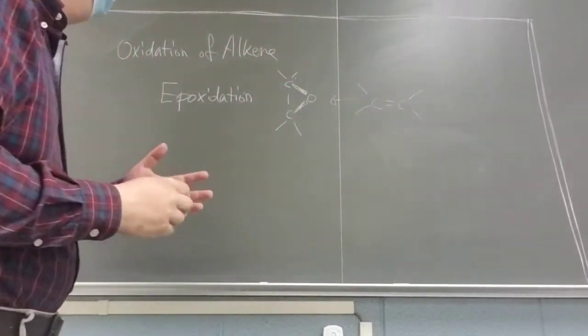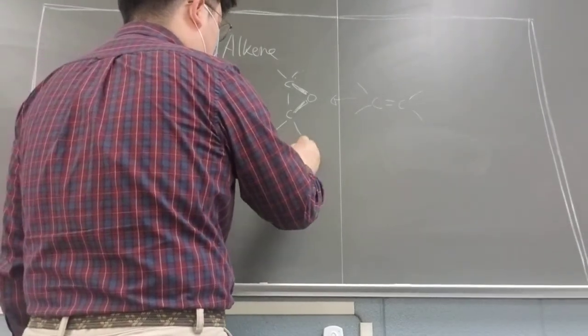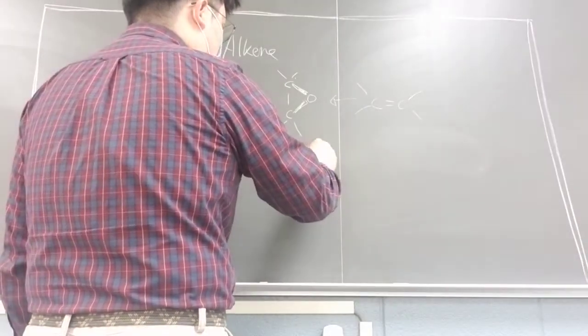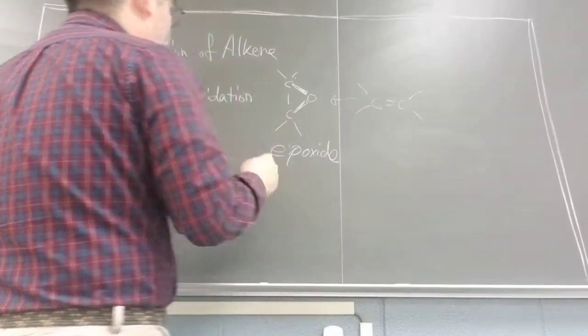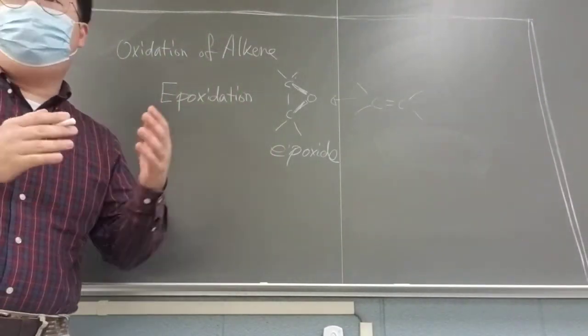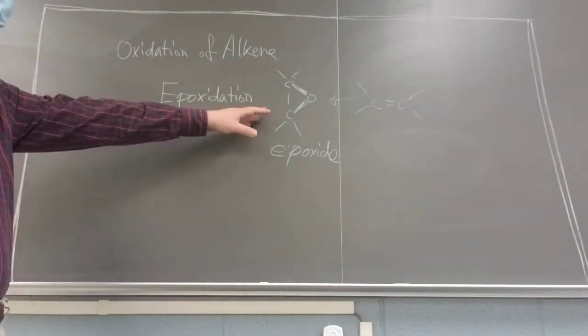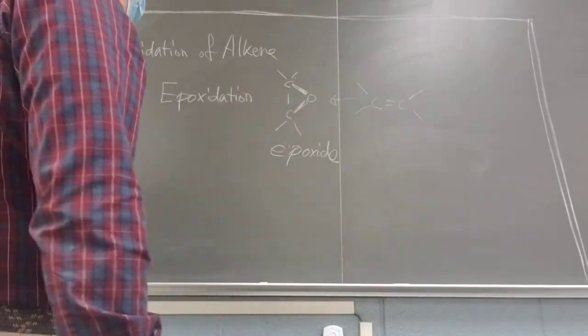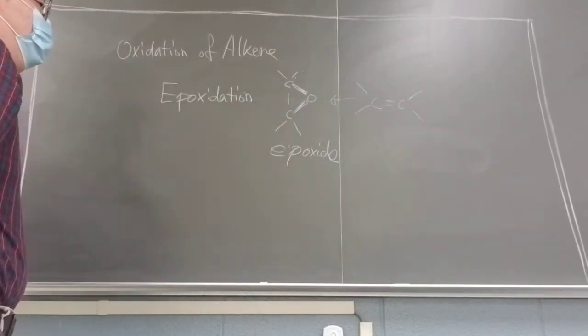So this is what we call epoxide. So the process that we're making epoxide compound, the cyclic ether group on the compounds, we call epoxidation.